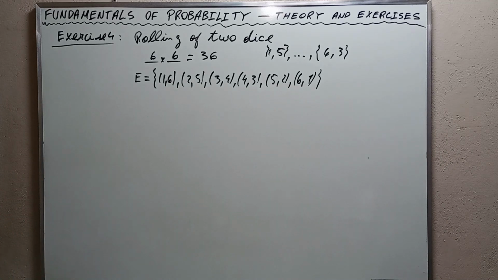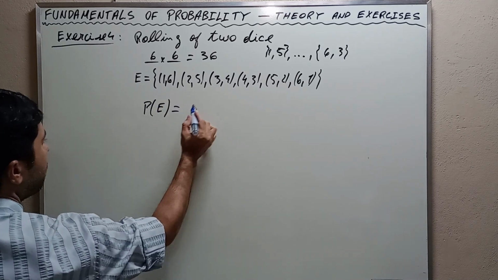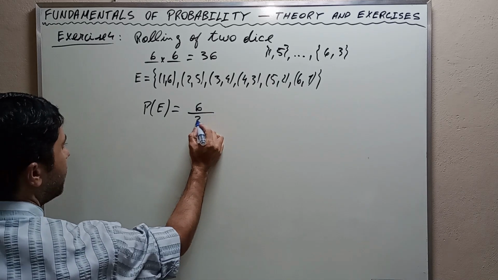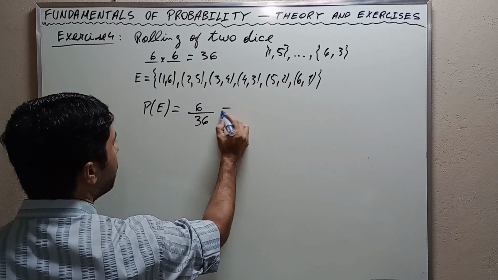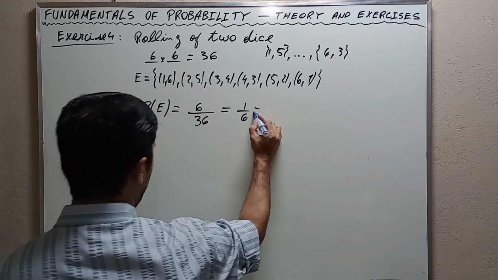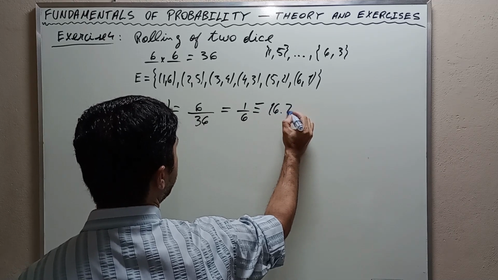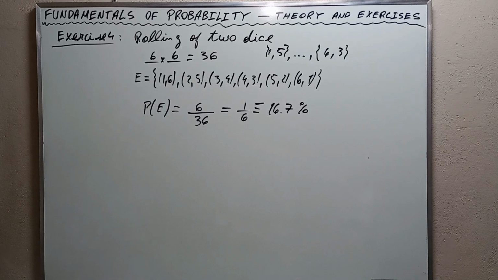Therefore, the desired probability, the probability of event E, is equal to 6 possibilities out of 36 possibilities that make up our sample space. And this is 1 over 6, which is approximately equal to 16.7%. And this is all for exercise 4.